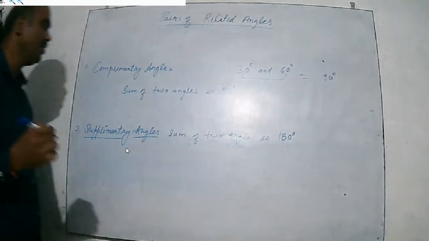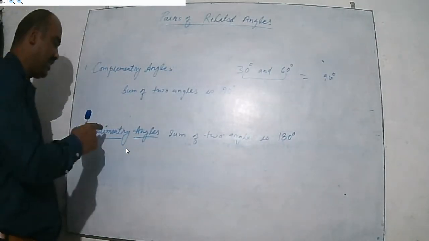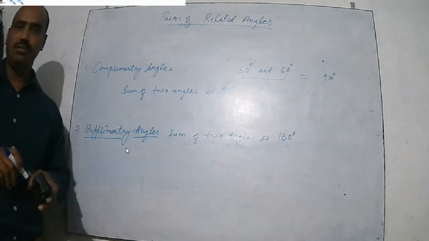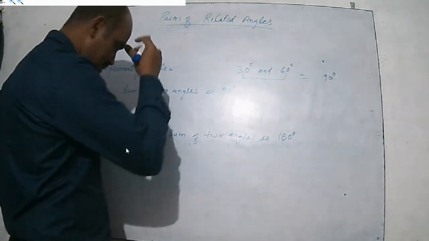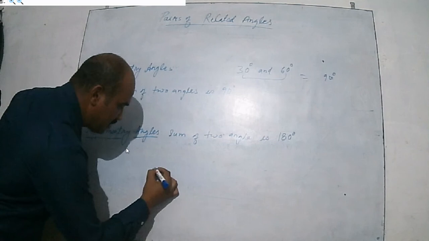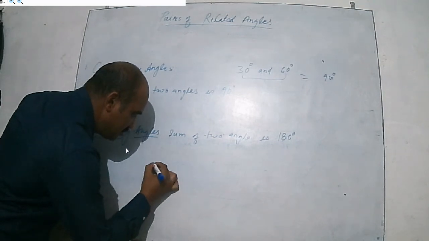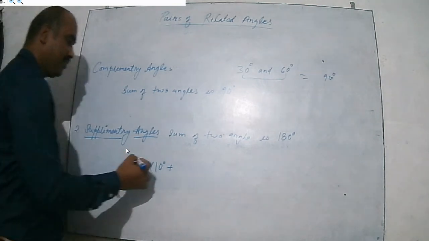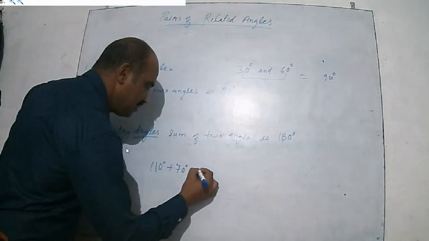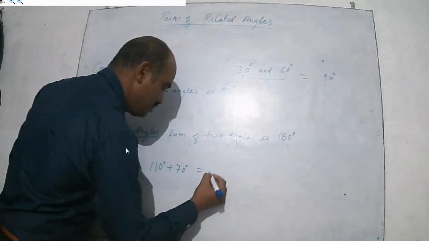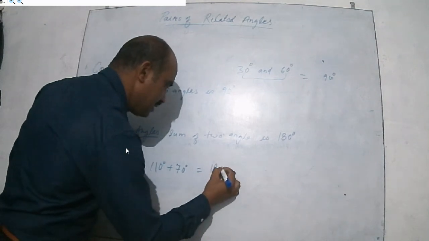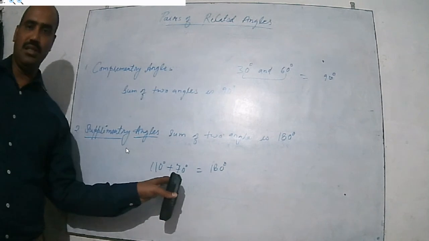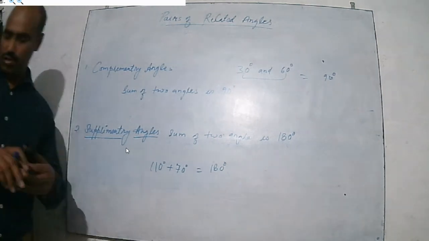Okay, then you say that those are supplementary angles. Clear, all of you? Suppose here I write 110 plus 70 degrees. So you get how much? It is 180 degrees. Then you say that these two angles are supplementary. Is it clear? Hope that you understand that.